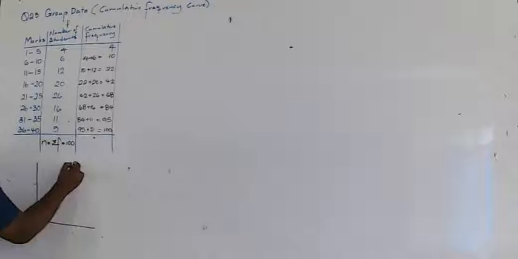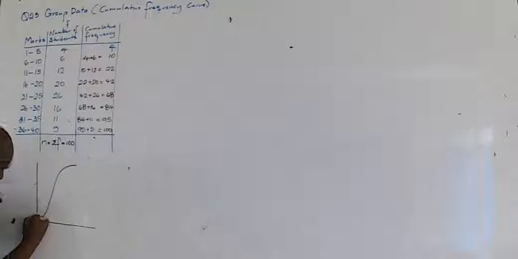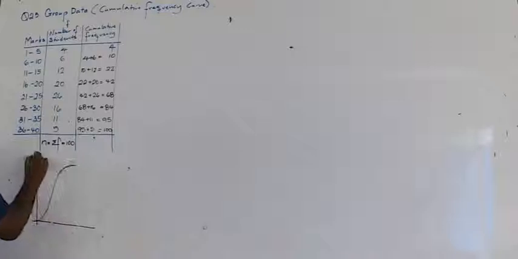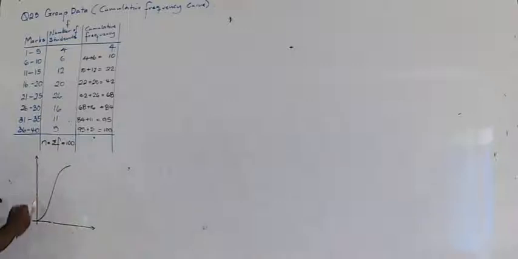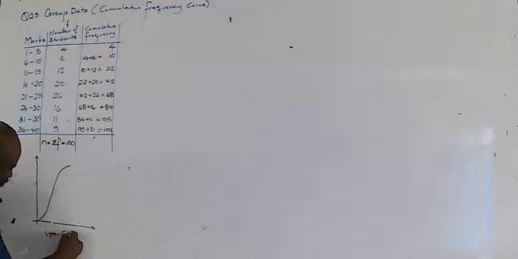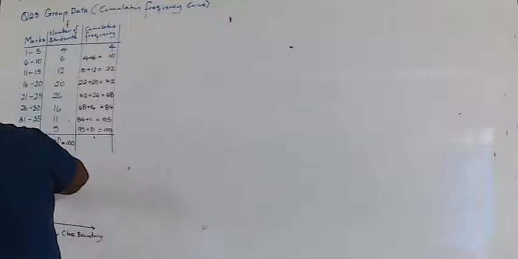Alright, a cumulative frequency curve looks something like this. Down here is the upper class boundary, and over here is the cumulative frequency.